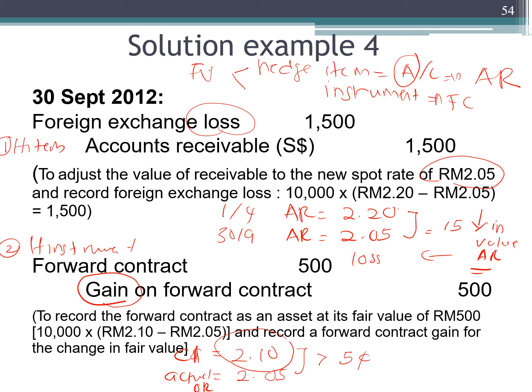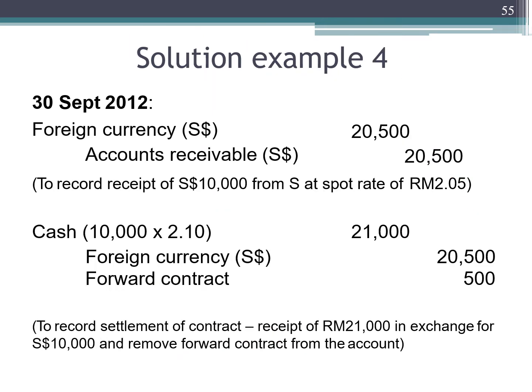Okay, so we're going to proceed with the next one. On 30th of September, you need to close your account receivable. To close your account receivable, you need to create this account, which is a foreign currency account, just to offset your account receivables.